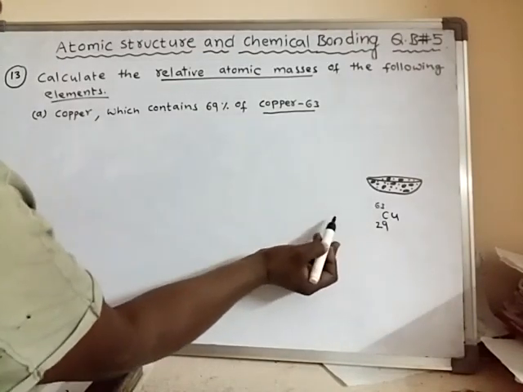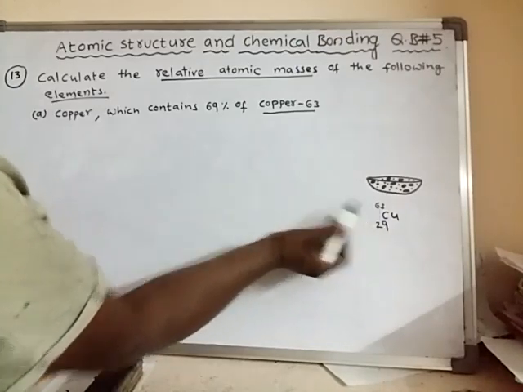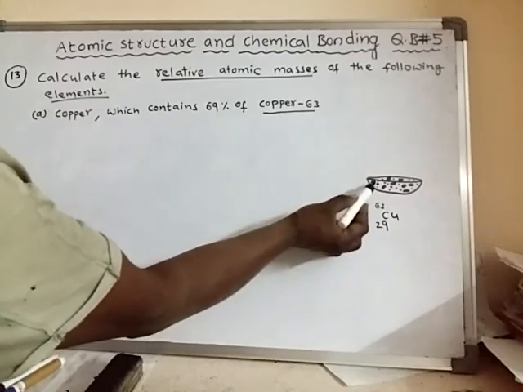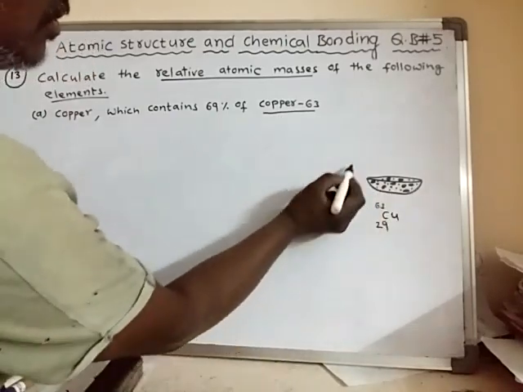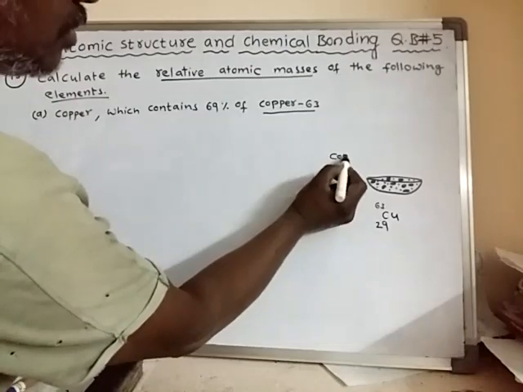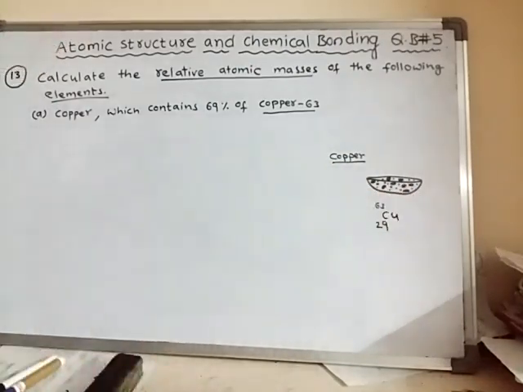So actually the copper atomic number is 29 and its mass number is 63. This entire thing is copper only. In this particular sample of copper, there are two types of copper atoms.